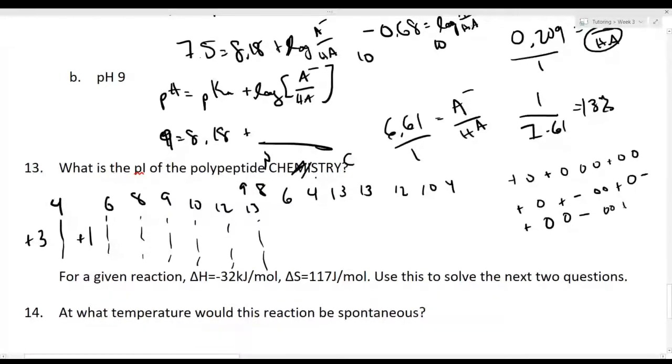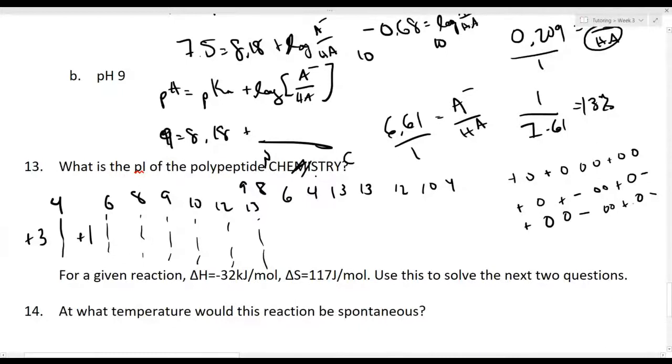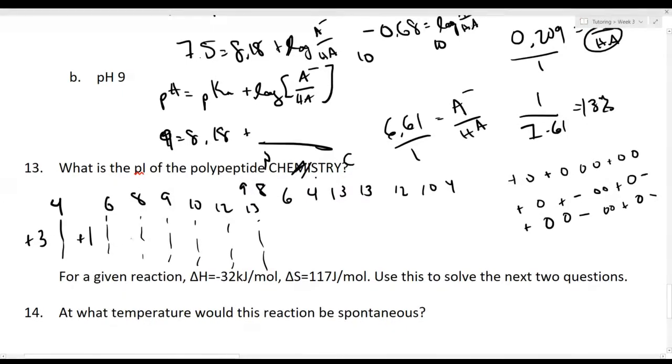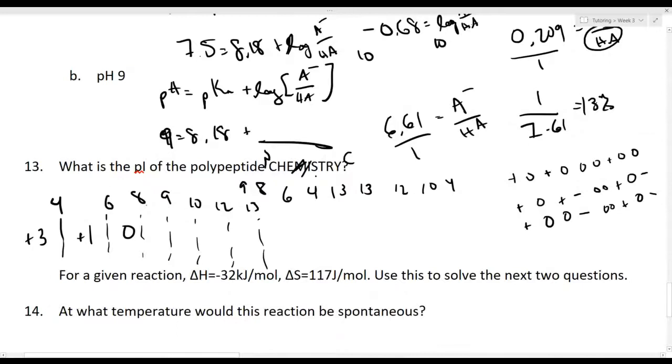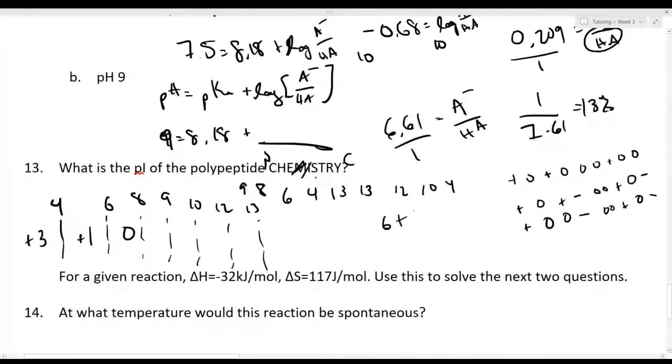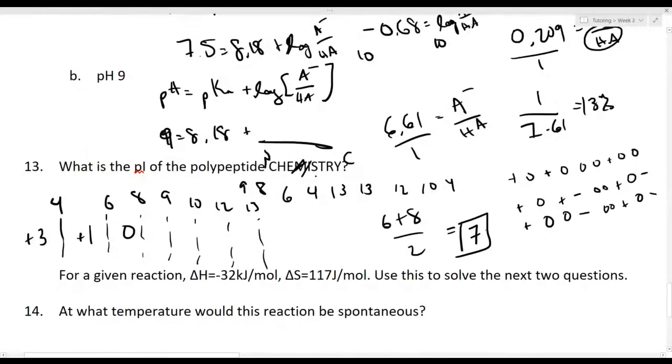Serine, threonine, arginine didn't change. Tyrosine didn't change. C terminus is negative. So now our overall charge is neutral. I could keep going through these, but for the sake of time, I won't unless you want me to. I know that my PI is somewhere between 6 and 8. In other words, the PI of this polypeptide is 7.